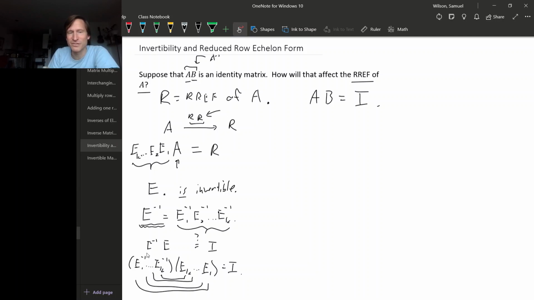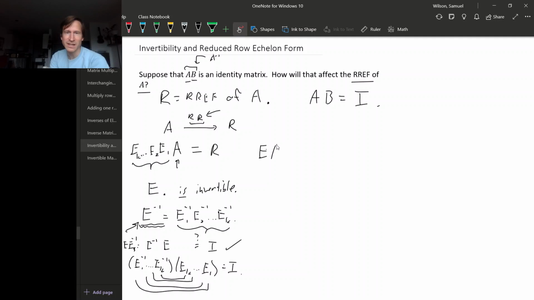The same thing happens if you multiply these the other way. All of the elementary matrices hit their own inverse and leave the identity matrix, and everything disappears in a puff of inverse matrices, I guess. So this formula is verified, and that means that this supposed inverse for E really is an inverse for E.